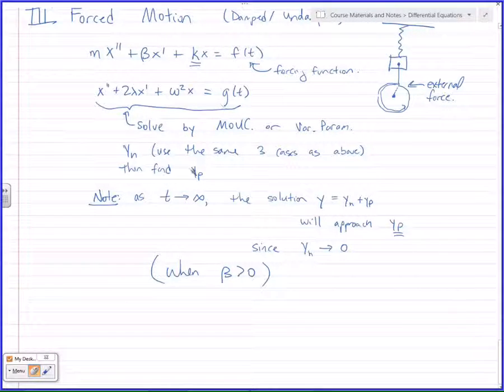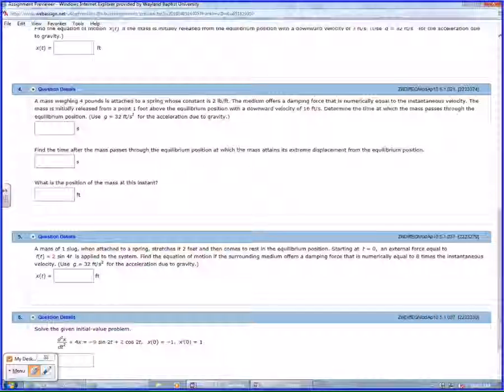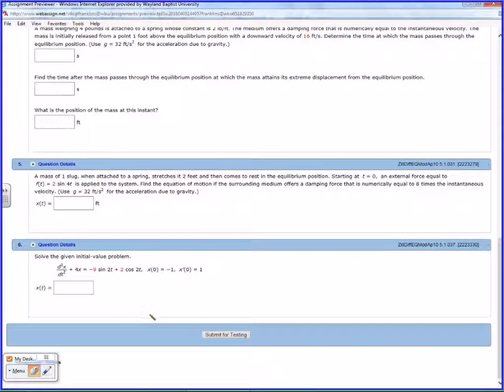Okay, so in your homework, I think the one problem, I'm going to scroll down here, I give you this one right here. And actually 5 and 6 both are the same kind of problem where you've got a forcing equation on the right-hand side. So let me at least point out one thing on here.